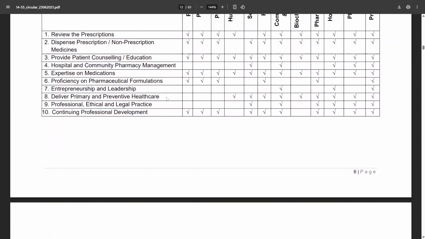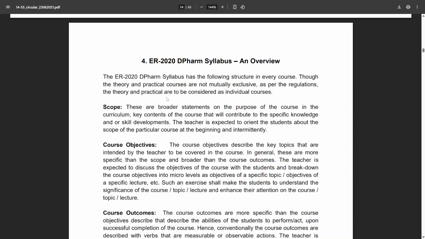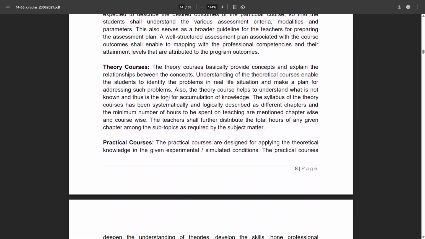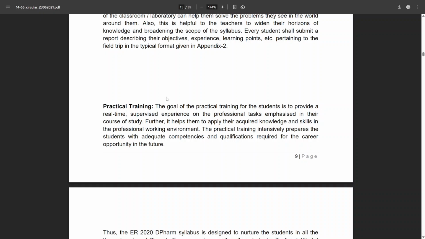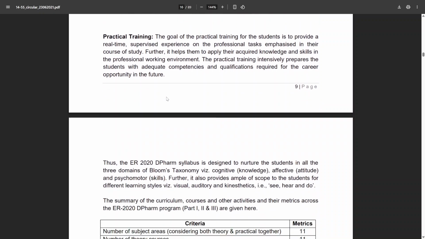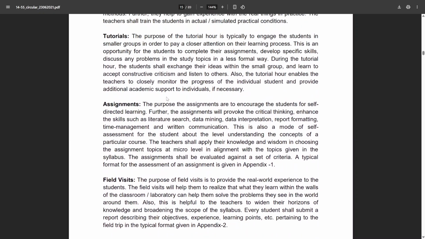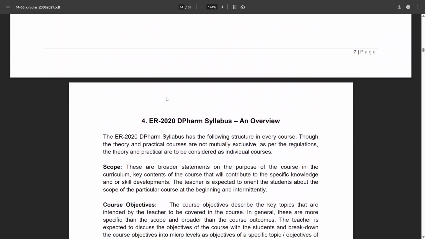Now let's move to the next part: Education Regulation 2020 Pharm syllabus and overview. You must go through this overview, right? It will provide an overview about the pharmacy profession and the detailed insight of pharmacy. I'll be reading only a few lines.